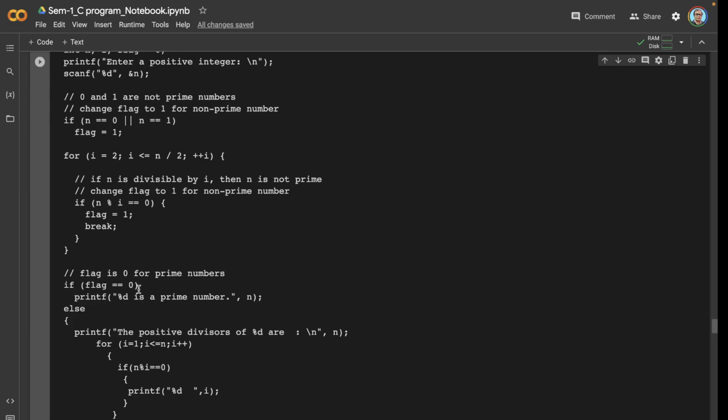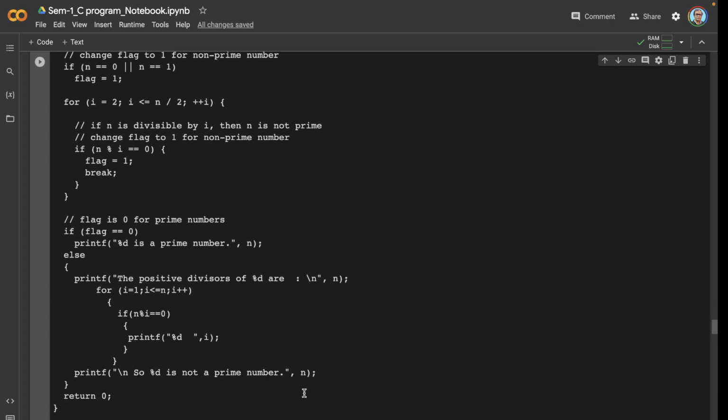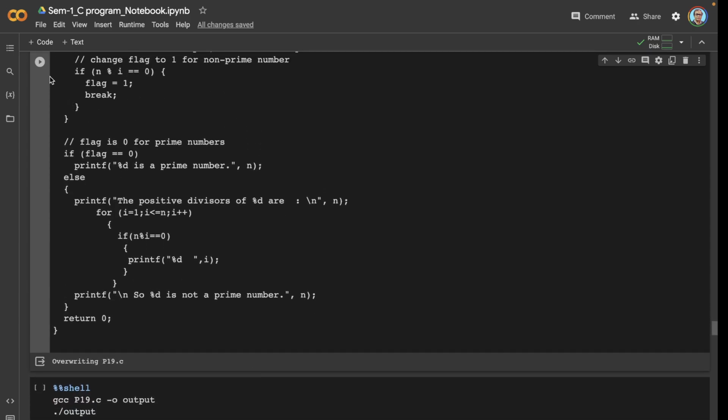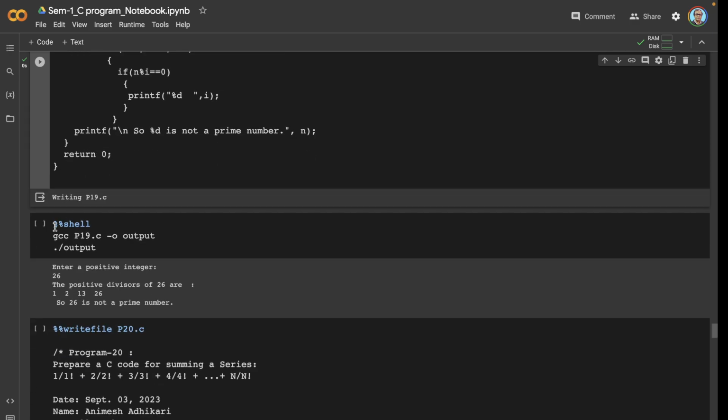If flag equals 0, print this is a prime number. Else print the positive divisors of this number, these are the positive divisors. So this is not a prime number. So compile and run this program.